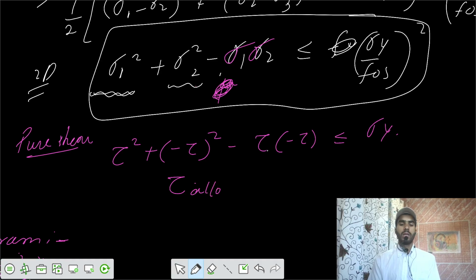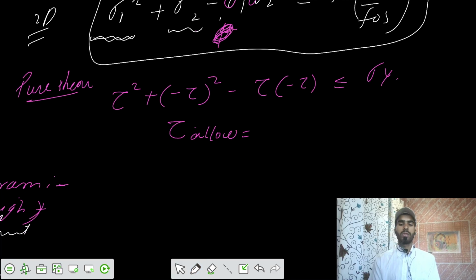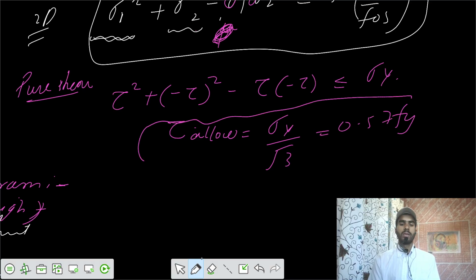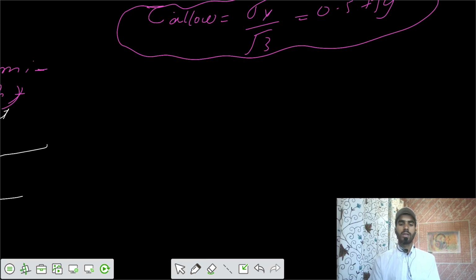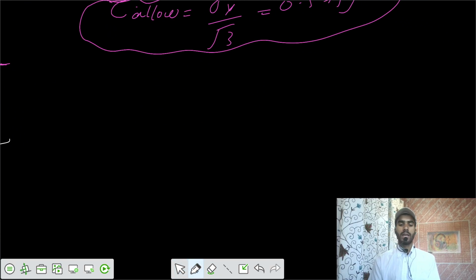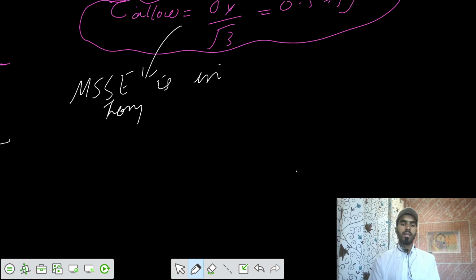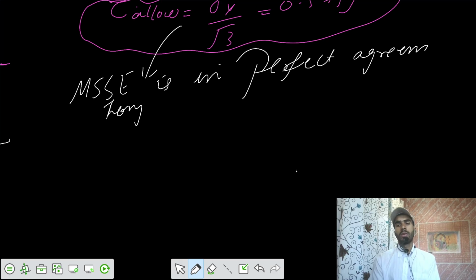That means the shear stress you can allow equals sigma y by root 3, that equals 0.57 Fy. So the conclusion is that maximum shear strain energy theory is in perfect agreement with pure shear case.